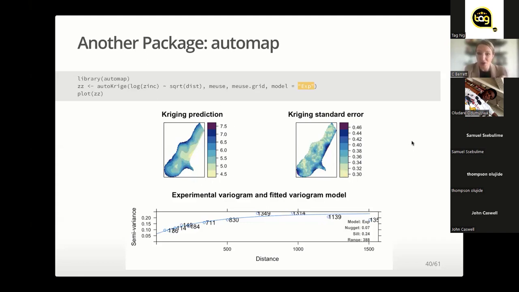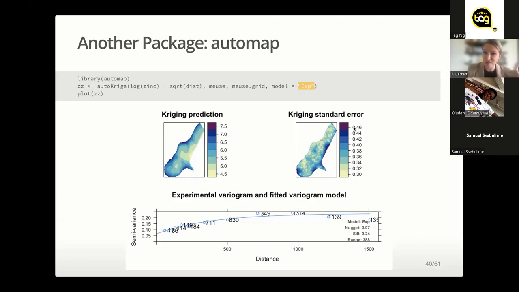So you'll notice that these are different. The standard errors are larger than what we had found with the gstat package, but that's because when we plotted the uncertainty from the gstat package, we were plotting the variances. So if you square these, the squared standard errors match up with what we found from gstat for the variances.